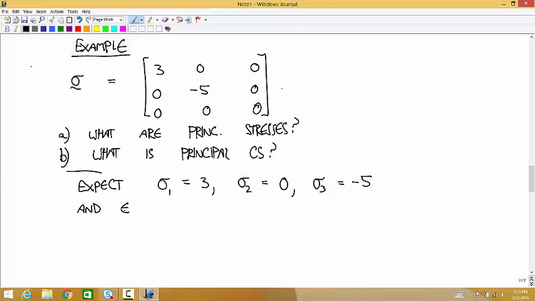Or sorry, sigma 2. You can arrange them in any order, as long as you have the right axis corresponding to the right one. So let me show you how that works. In other words, they're arranged in order of biggest to smallest. They're not arranged according to X, Y, and Z.